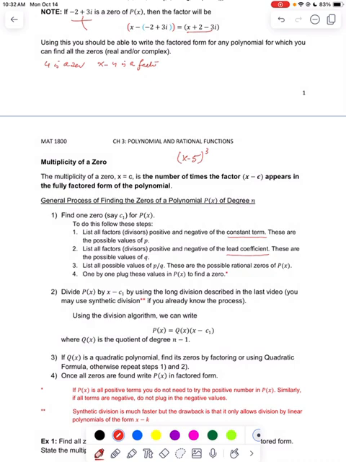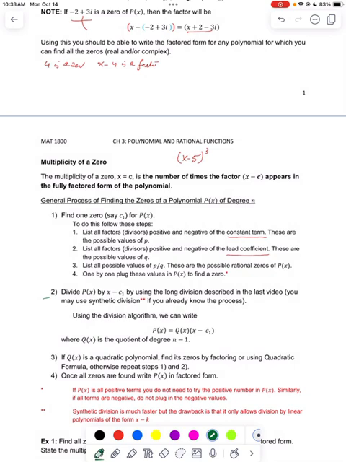According to the remainder theorem, that would be the zero remainder of the process of dividing the polynomial by the corresponding linear factor x minus c1. So that's what we do basically.